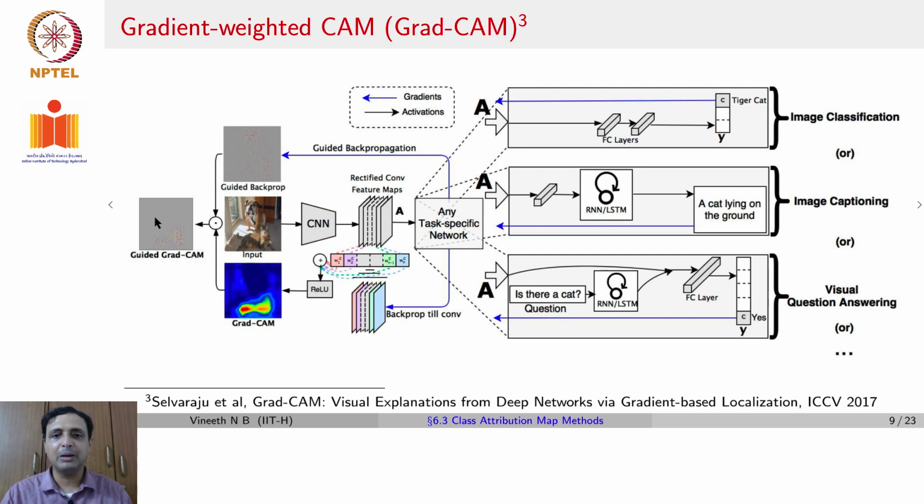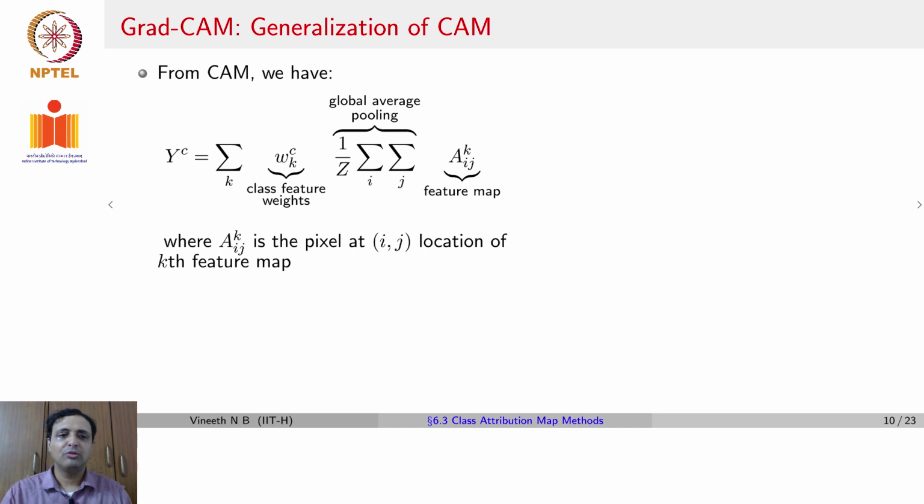Let's see this in a bit more detail and also mathematically as to why Grad-CAM becomes an extension of CAM. From CAM, mathematically speaking, we have Y^c, which is your class scores in the last layer, given by summation over k, which is all your K feature maps.